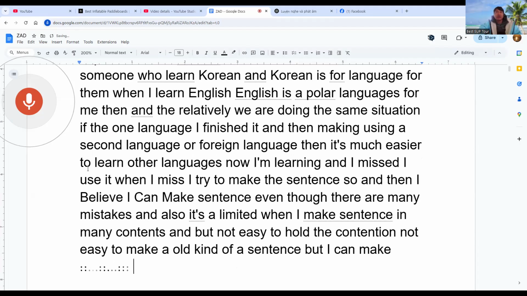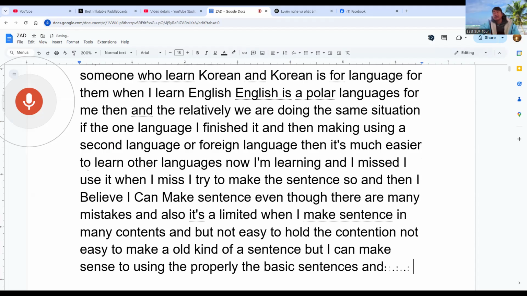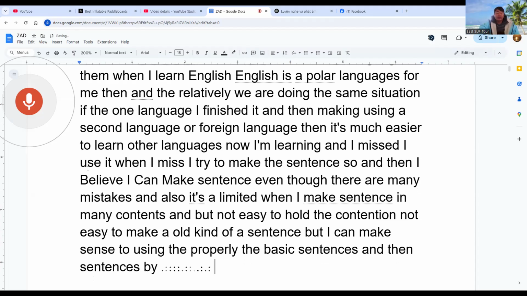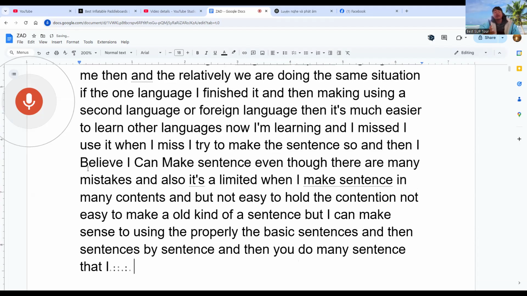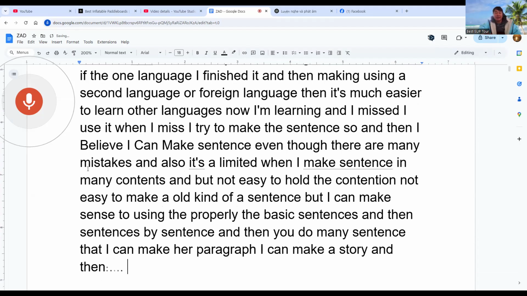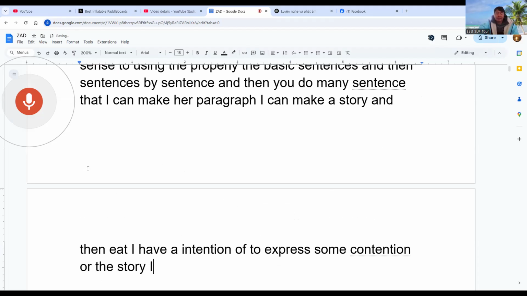Using the basic sentences properly, sentence by sentence, with many sentences I can make a paragraph, I can make a story, if I have an intention to express some content or story. Anyway, to get to the point.